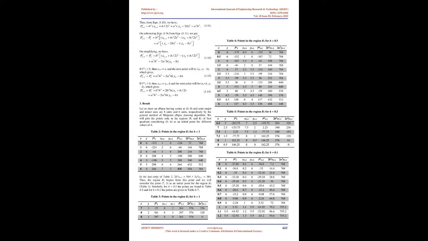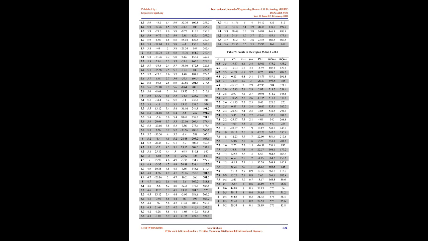The equation of ellipse having center at origin is given by x²/a² + y²/b² = 1, where a and b are the semi-major and minor axes respectively and a > b. The equation can be written as f(x, y) equals 0, where f(x, y) equals b²x² plus a²y² minus a²b².